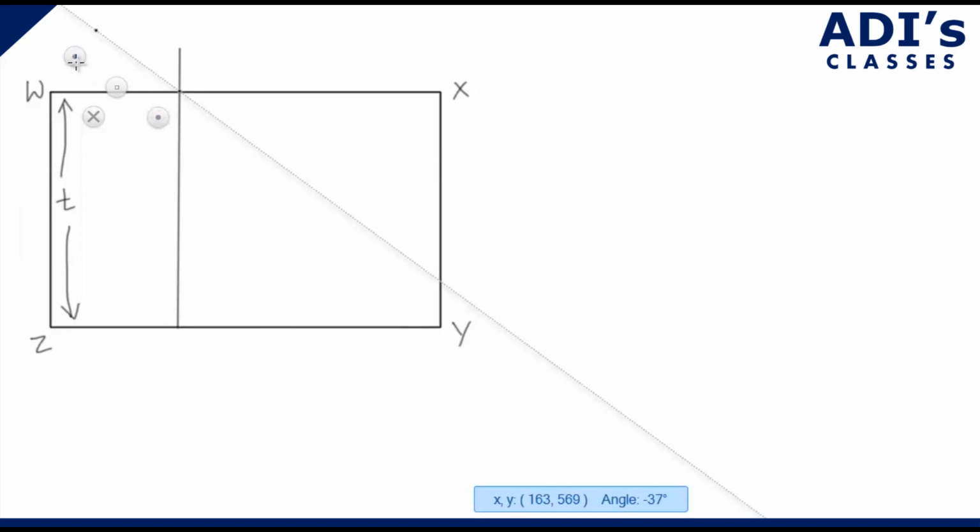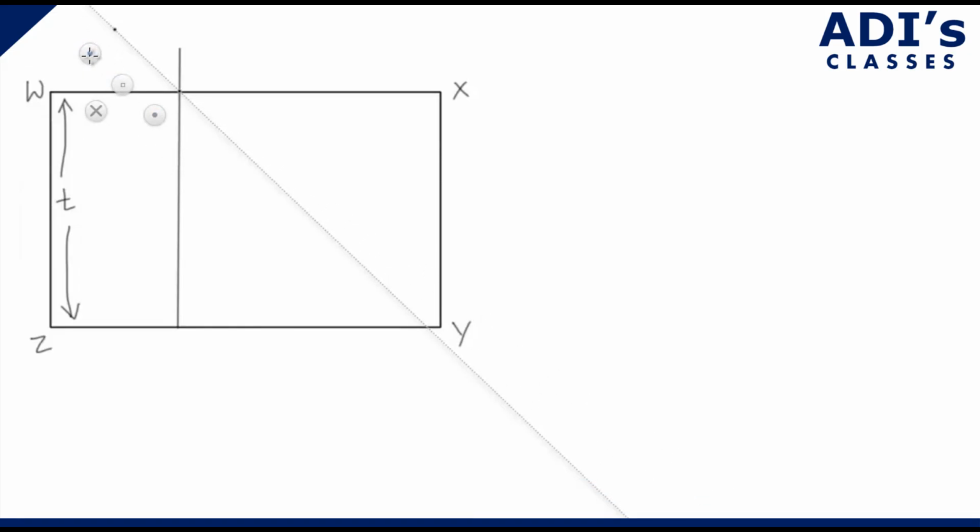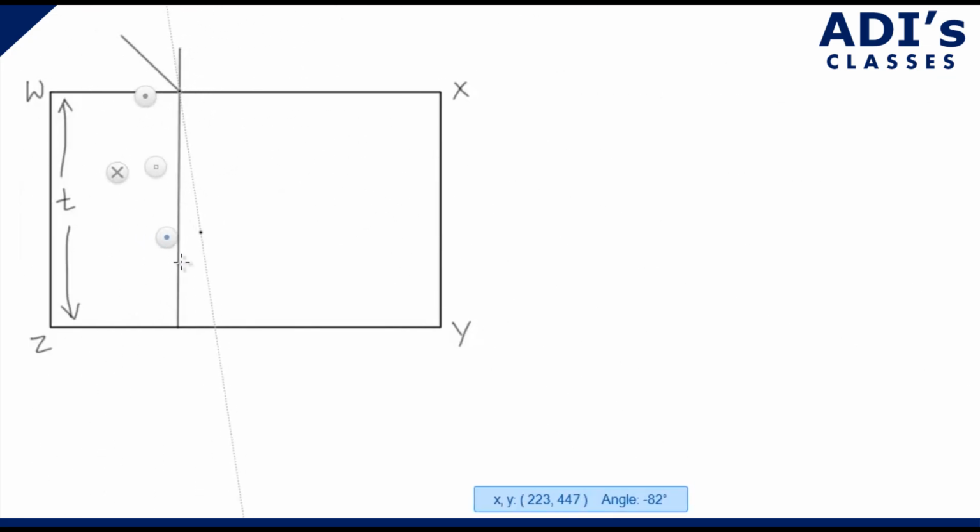Let's assume that this is coming at some angle. So this is the incident ray. Once the incident ray comes, we need to find some particular angle here. Let's say this is the angle of refraction. So this is the refracted ray.